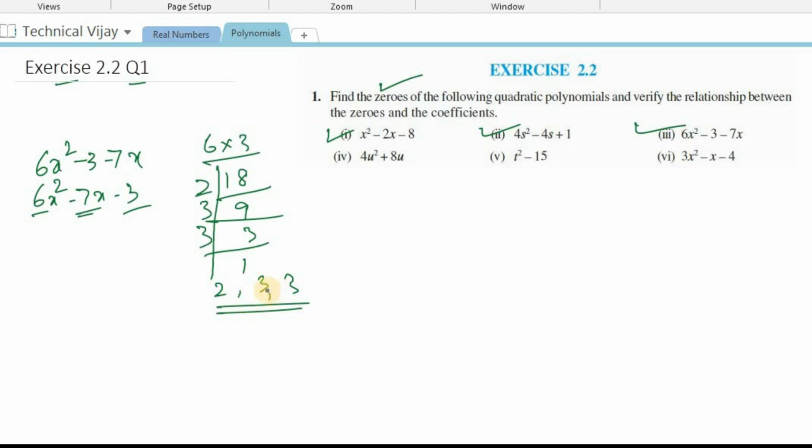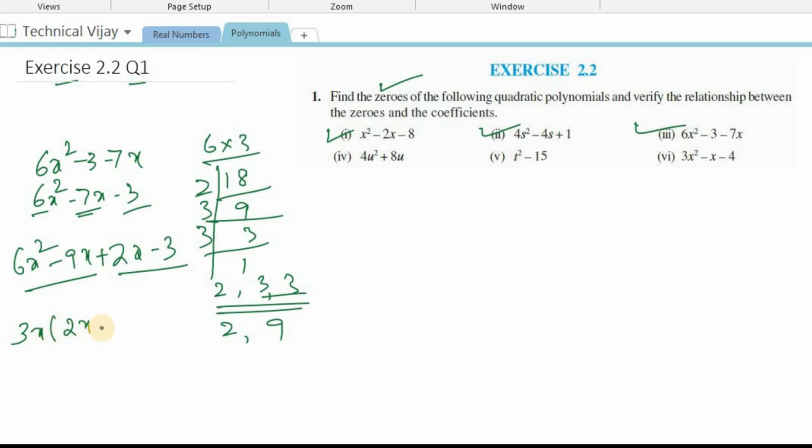So by making some combinations for the middle term: 3 3s are 9, 9 minus 2 is 7. Say 2 and 3 3s are 9. So 9 minus 2 equal to 7. So 6x square minus 9x plus 2x minus 3. So in this we will take common 3x and in this we will take common 1. So 3x(2x minus 3) plus 1 into (2x minus 3).